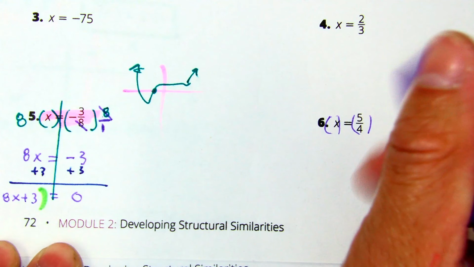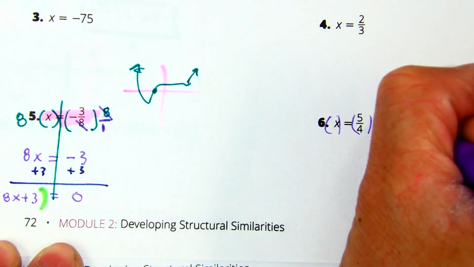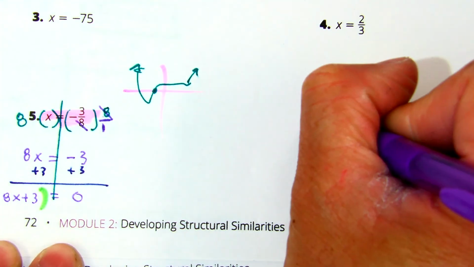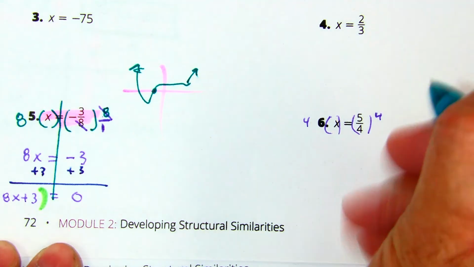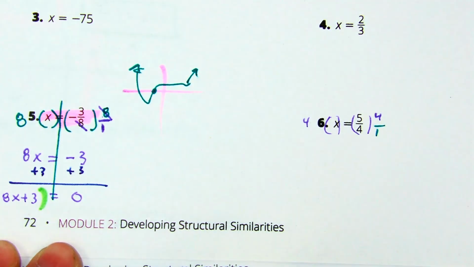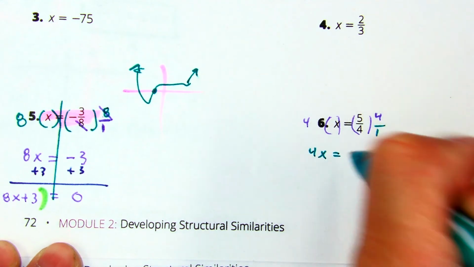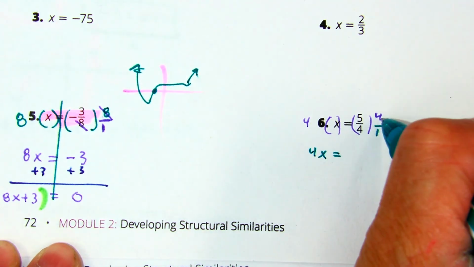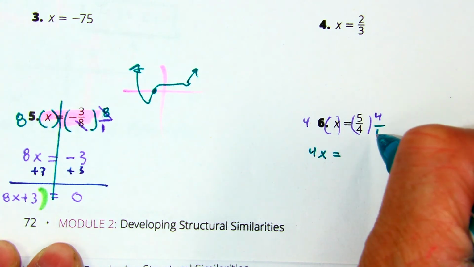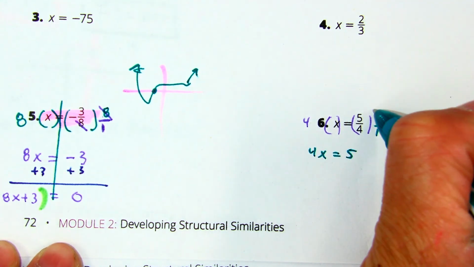Thank you for showing me your fingers. Class, 4 times x is? 4x. 5 times 4 is? 20 divided by 4 is? 5. Or you can just cancel the 5s.